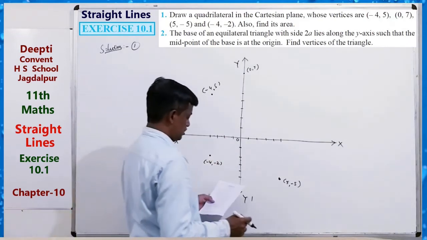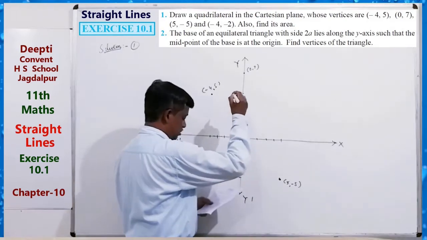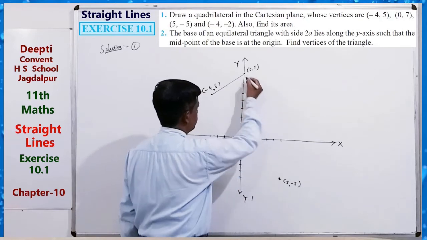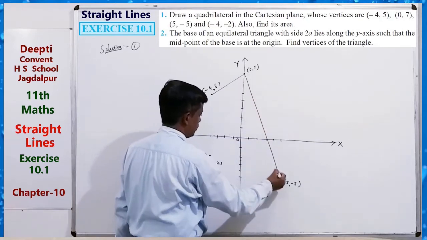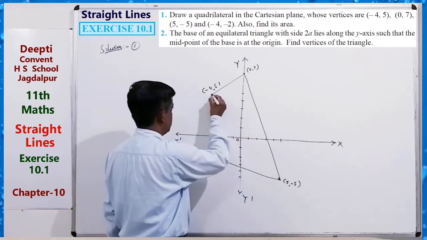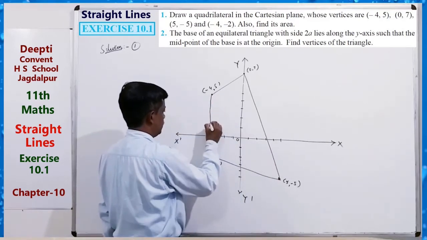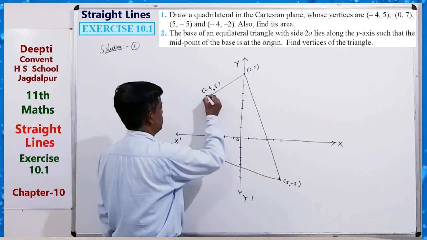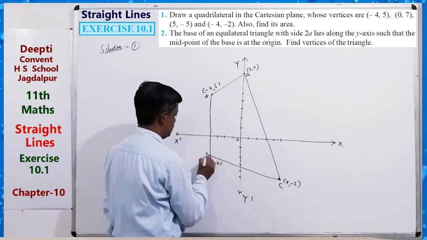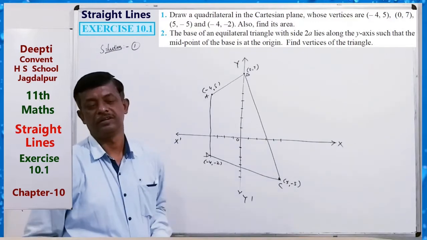Okay. So now this is our quadrilateral, A, B, C, D.